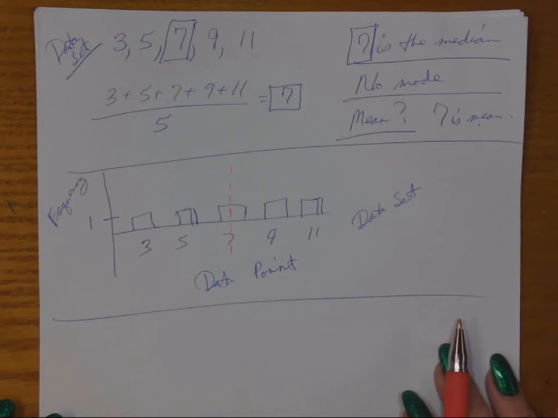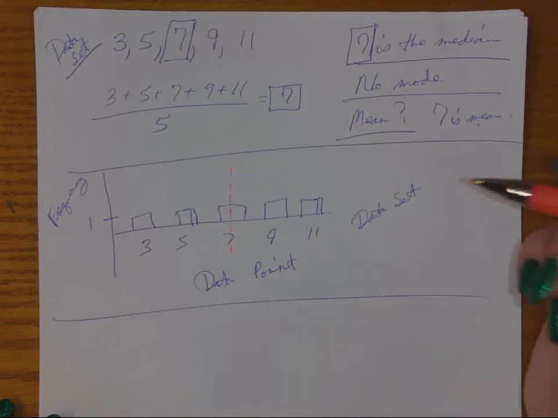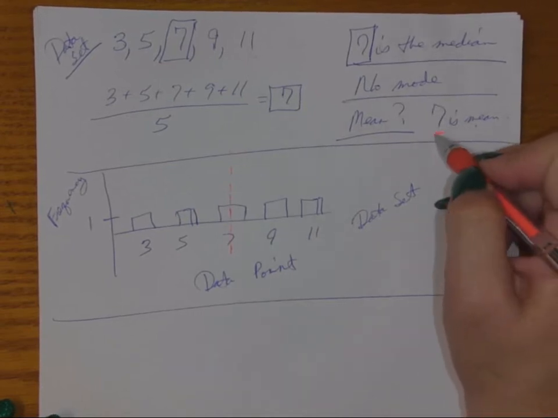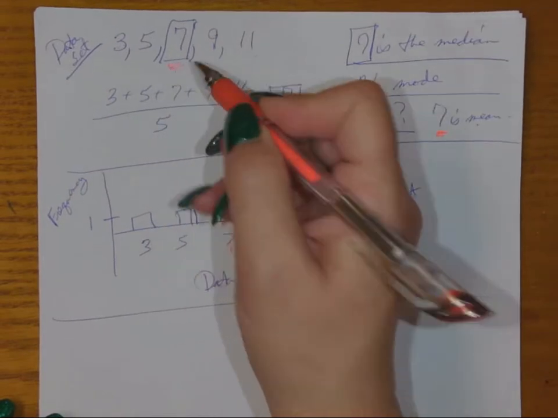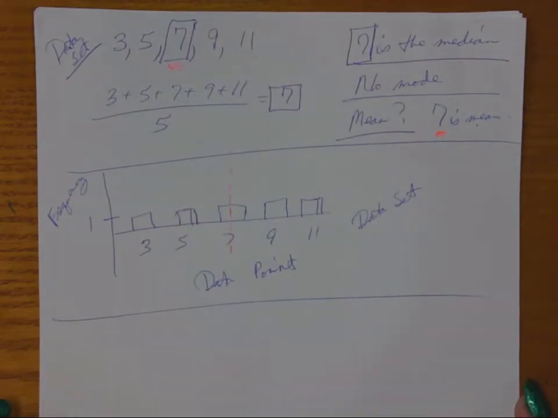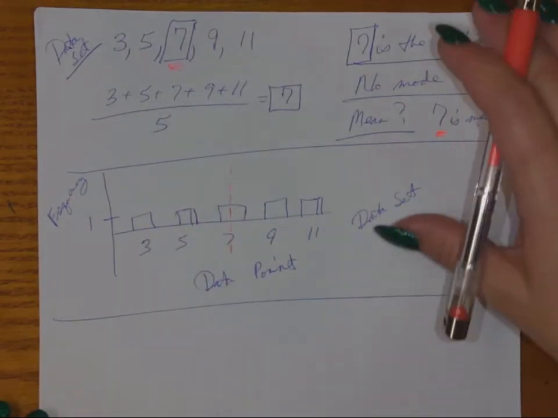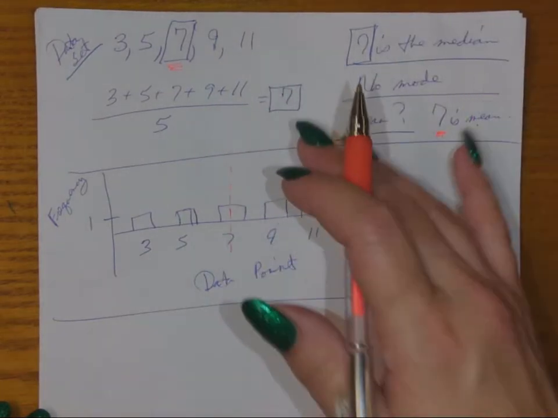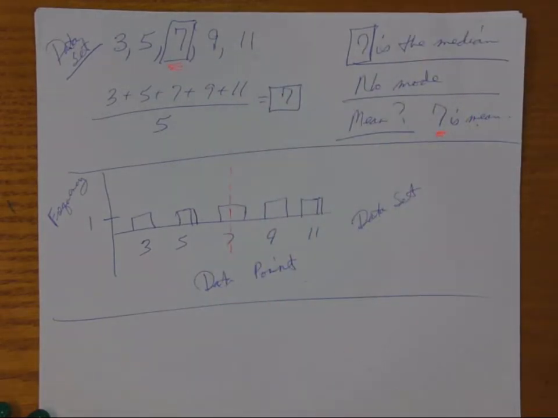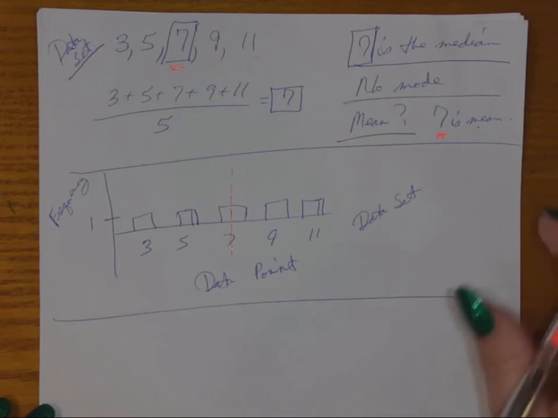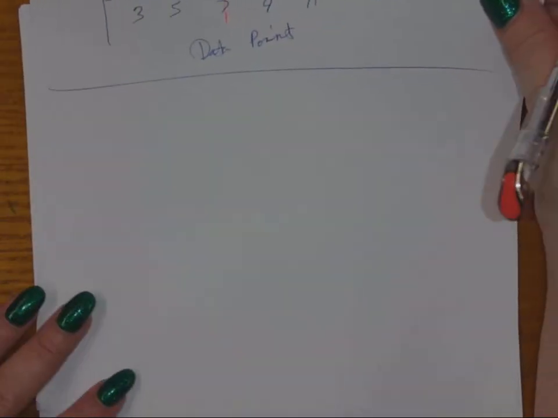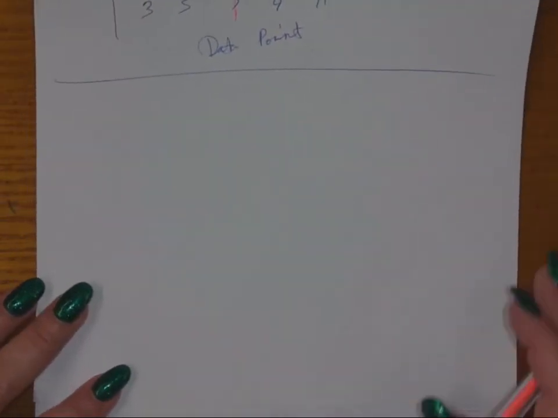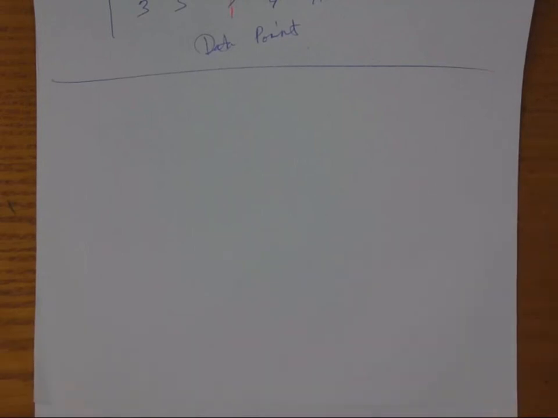So it's kind of a weird data set, but I was looking for, look, 7 is the mean, and 7 is one of the data points. So it's not always like you have to add it up and divide, and then whatever weird number you get here is a decimal or something like that. That doesn't always happen. So just be aware that sometimes the mean is a data point, depending on your data set. All right.